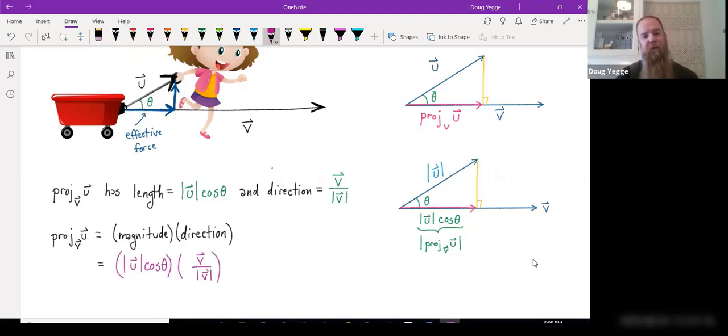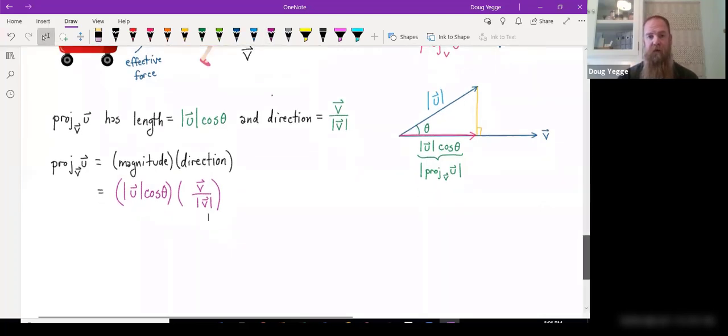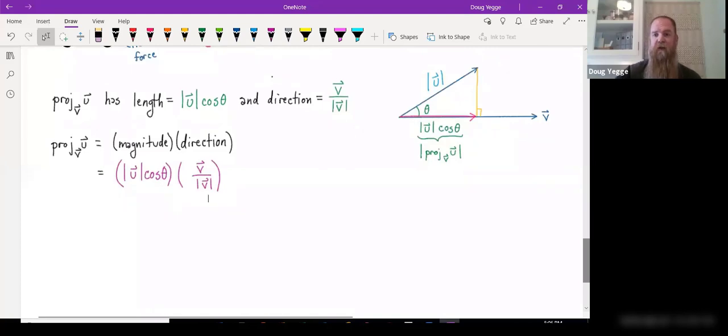Now we're going to write this in a few different ways because there are some really helpful tools to help us recognize what we're actually trying to do here. The first thing to do is recognize that the projection of u onto v is a scalar multiple of v. It's going in the same direction as v, so it should be some scalar multiple of v.